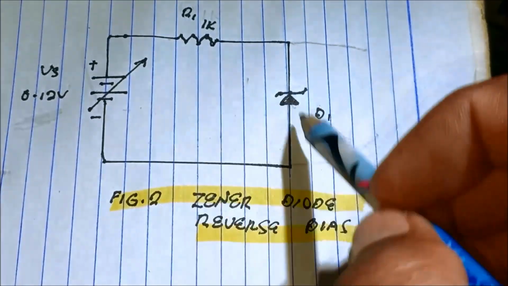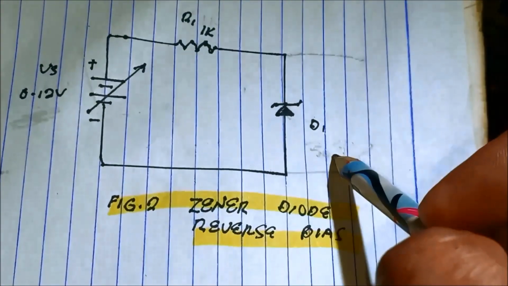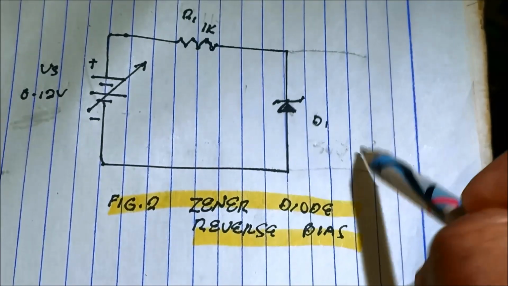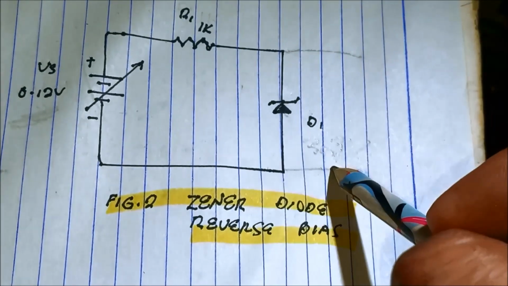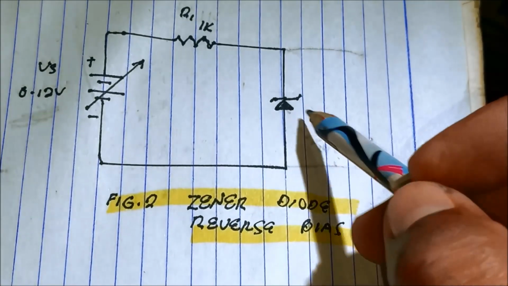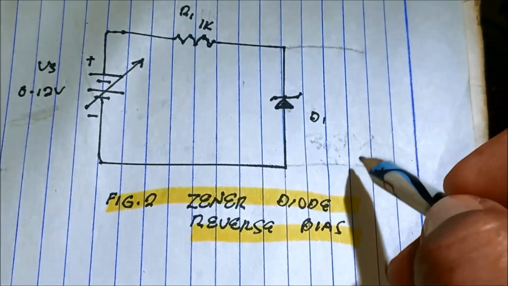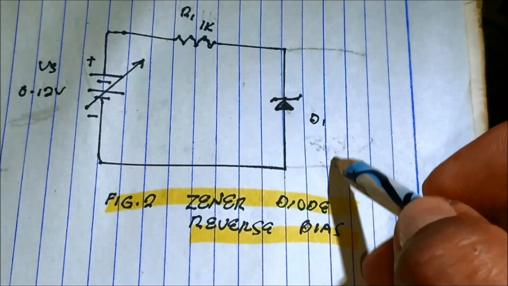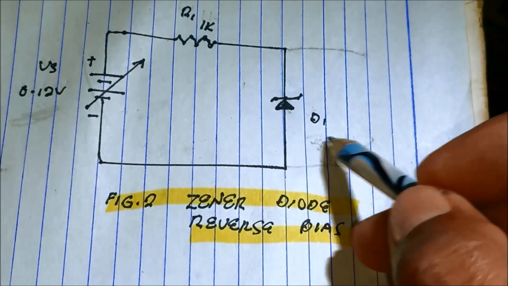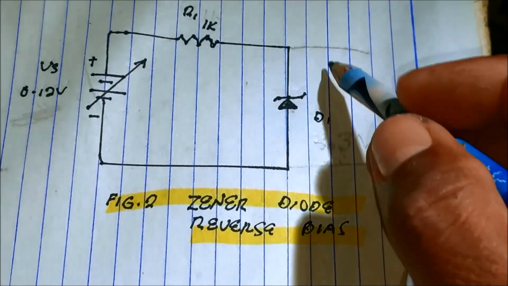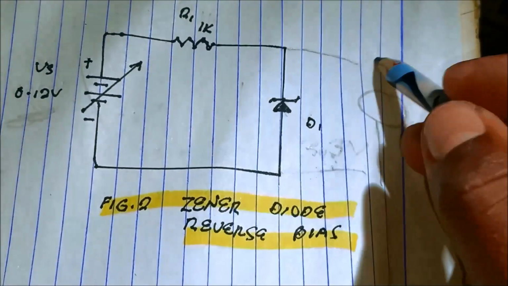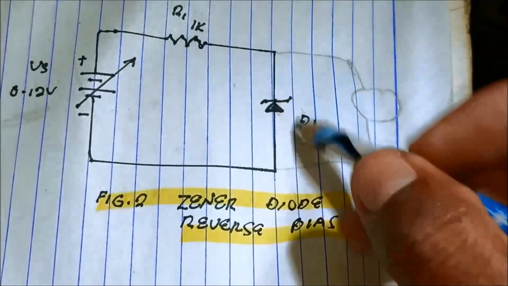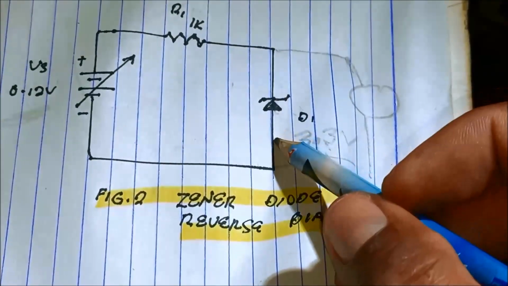The supply must be greater than 3.3 volts in order to regulate the diode at 3.3 volts. It keeps the voltage of the diode at 3.3 volts. So we connected the tester across the diode.